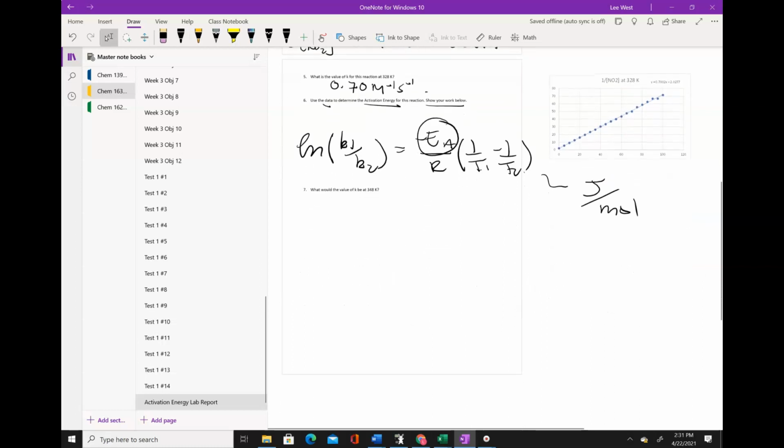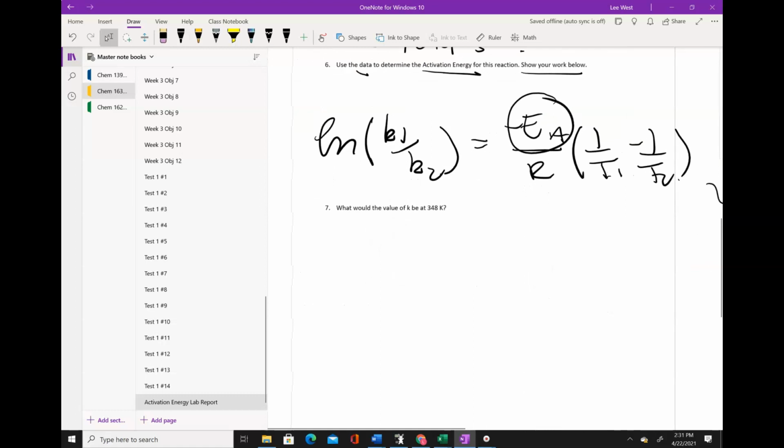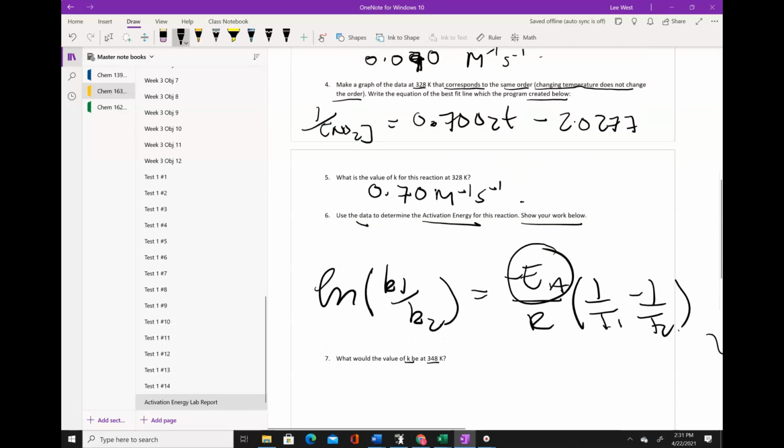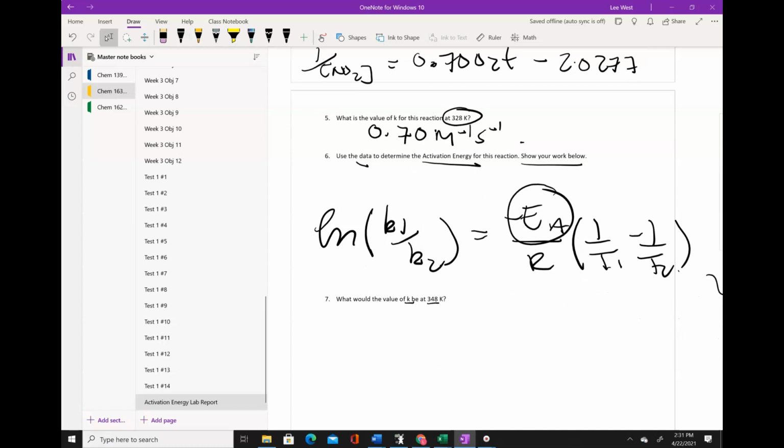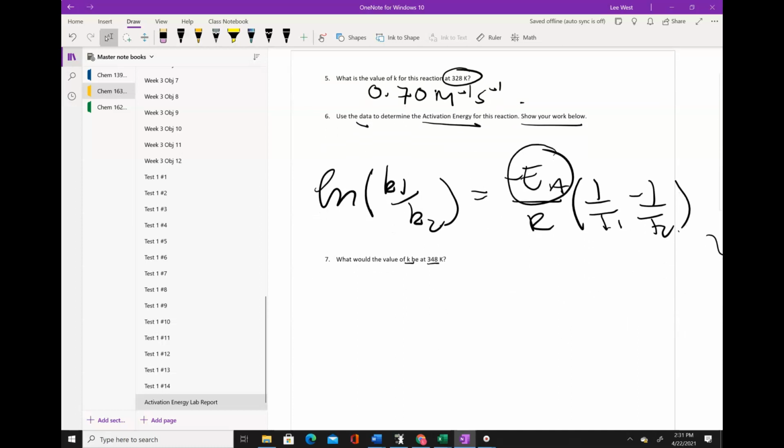So then the final question, fairly straightforward. What would be the k at 348 K? Now, obviously, the thing to recognize here is that it should be bigger than what it is at 328. And remember, we said small changes in temperature result in fairly large changes in k because it's exponentially dependent. So what we're going to do is use our 2-point form again of the Arrhenius equation.